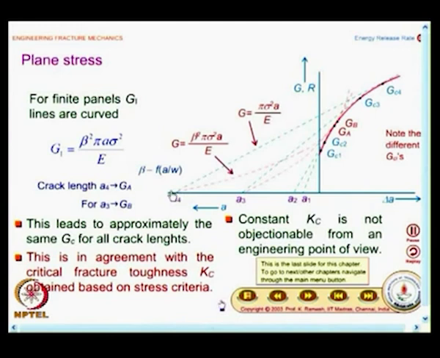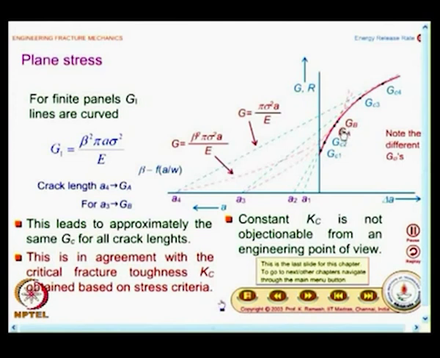And I have for the crack length a4 the corresponding failure energy release rate Ga, and for a crack length of a3 the corresponding critical energy release rate Gb.